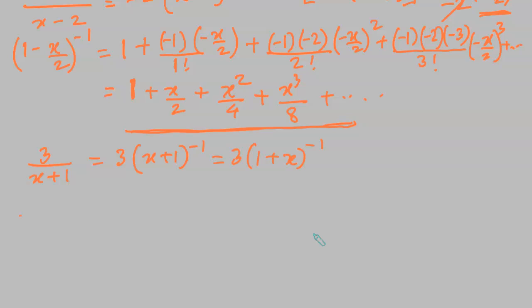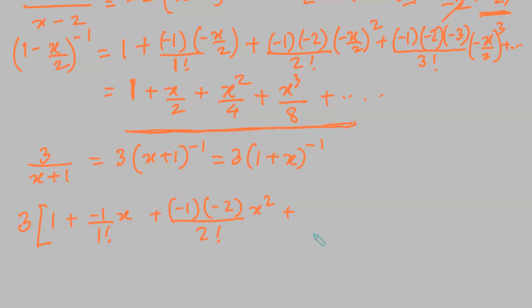So it is 3, and then we expand. The first term will be 1, second term will be negative 1 over factorial 1 times x. Third term is negative 1 times negative 2 over factorial 2 times x square.